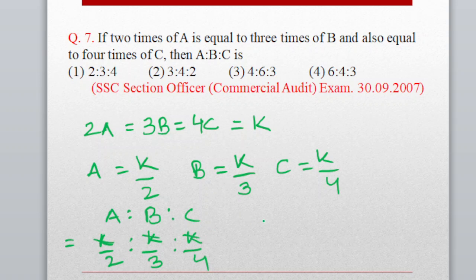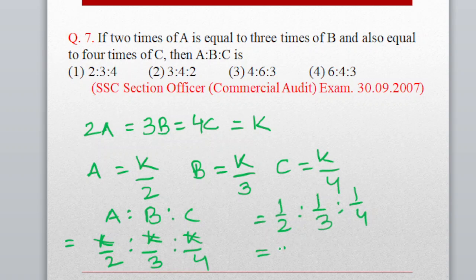So that is equal to 1 by 2 is to 1 by 3 is to 1 by 4. Now it is in fractions, so we have to convert it into whole numbers. For converting to whole numbers, we first find the LCM of the denominators. So LCM of 2, 3 and 4 is 12.